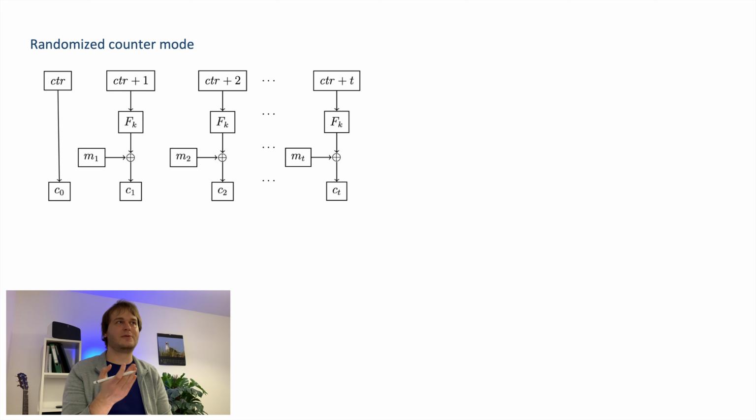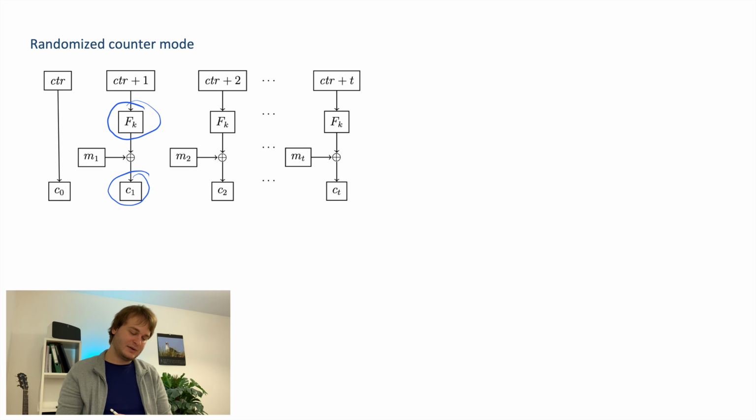And this proof went as you would think. You replace this PRF with a random function. And then if this is a random function, then essentially from the ciphertext, you get no information about the messages because they are just uniformly random, except if you repeat one of these counters.